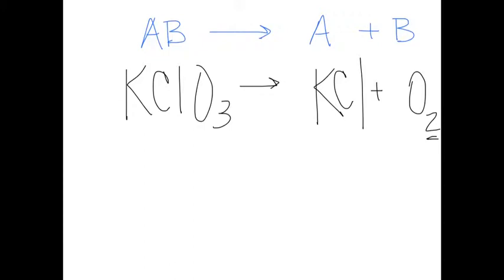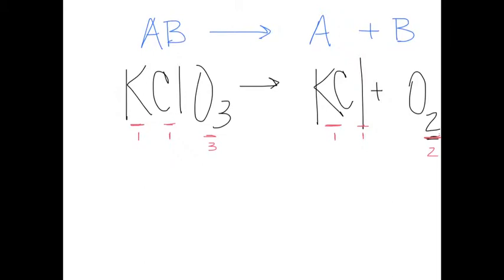So let's start by looking at the potassiums. There's one here and there's one here. Those are balanced. Chlorine, one here, one here. Those are balanced. Oxygen, there's 2 and 3 on this side.